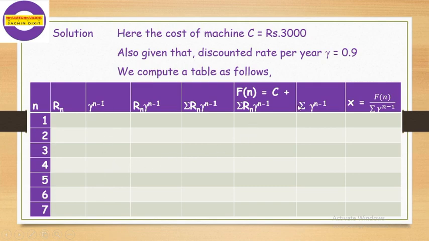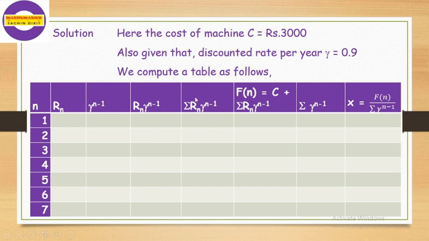Then we multiply Rn and gamma raised to n minus 1, and define a new column. Then we add these for each year with the previous years, to find the summation of Rn gamma raised to n minus 1.